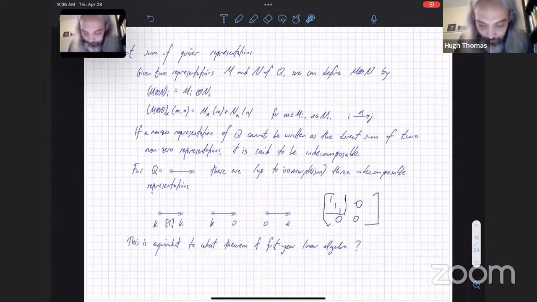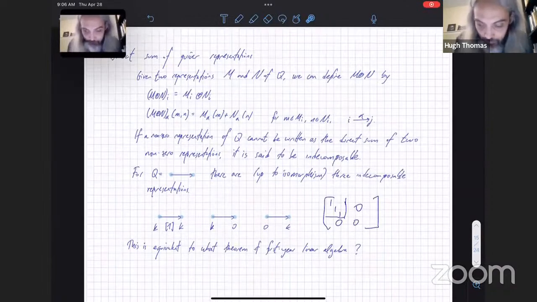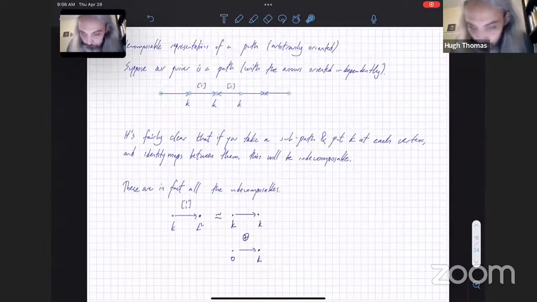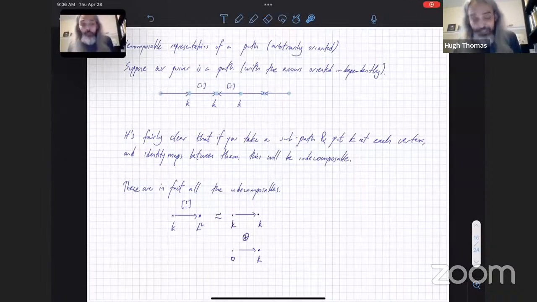So I need to tell you what the indecomposable representations are. Said that way, the representations of the quiver with 2 vertices and 1 arrow are really basic linear algebra, and representations of any other quiver are a generalization of this very basic linear algebra.